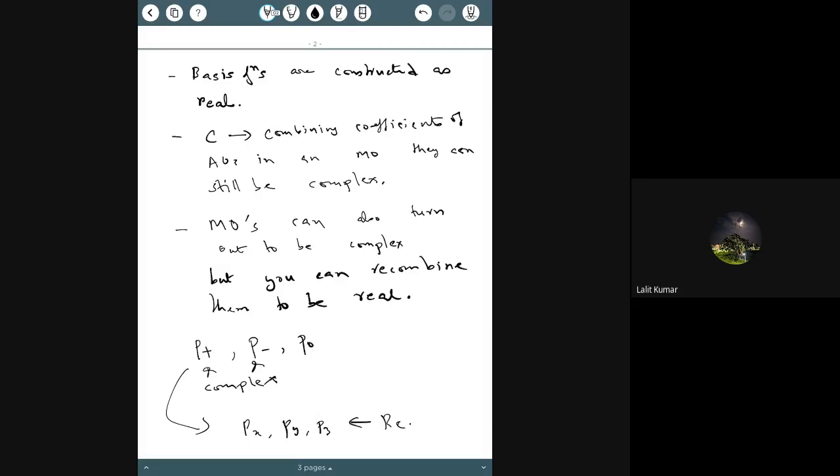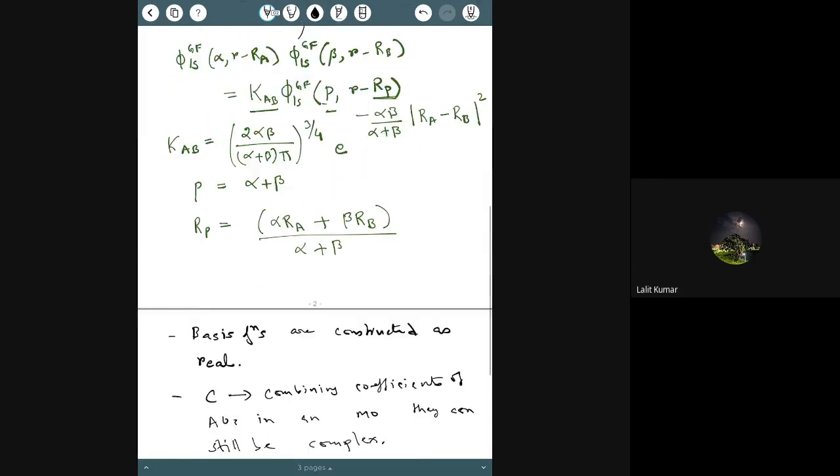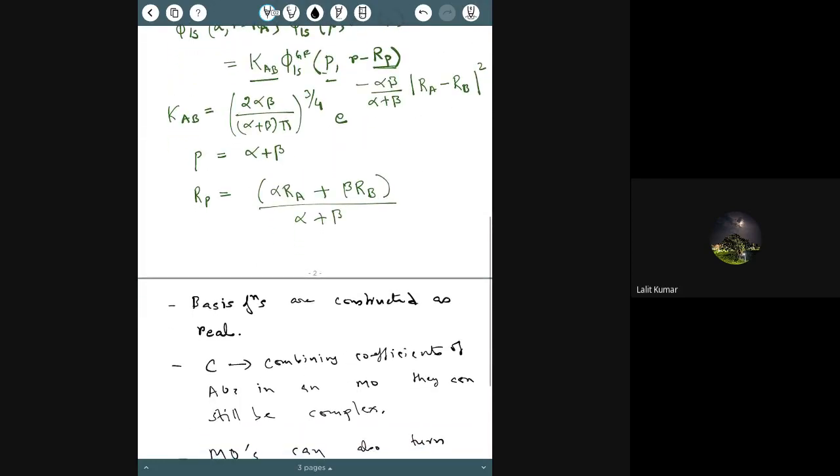So this can happen in general for molecular orbitals also. However, when you start out, the basis functions are taken to be real, because for complex functions you don't have any intuition, and finding out the integrals in complex basis is also about 8 times more expensive for every 4 index integral.